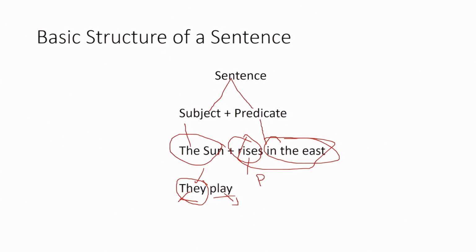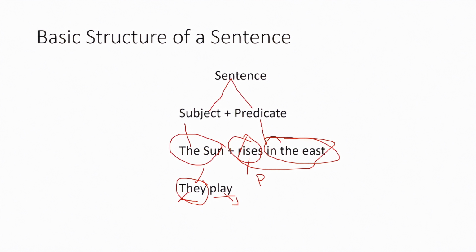The predicate may be a combination of verb plus other phrases, or it may only consist of one verb or predicator. If I start talking about phrases, the video would be longer, so I will not go toward that one.